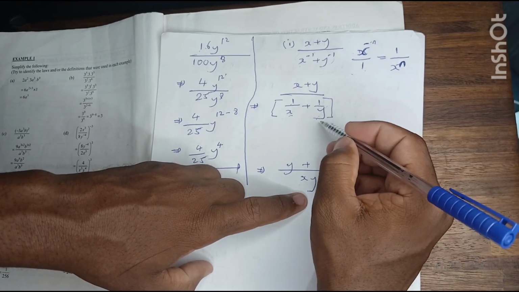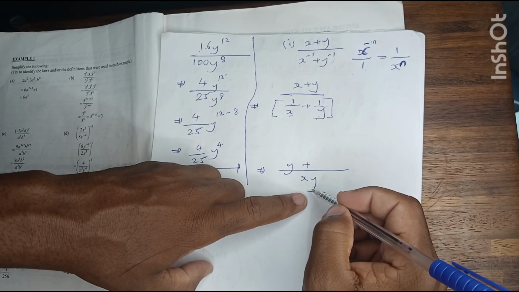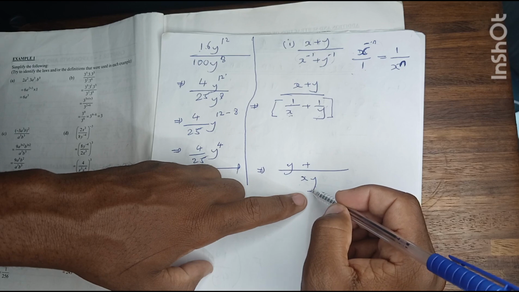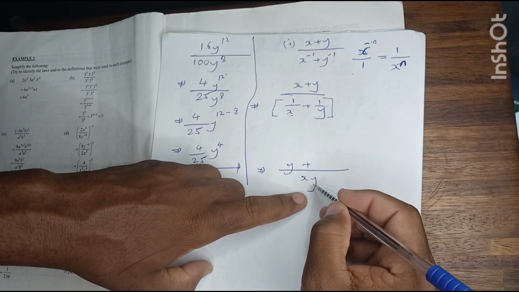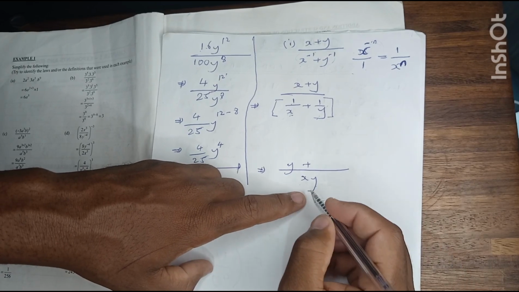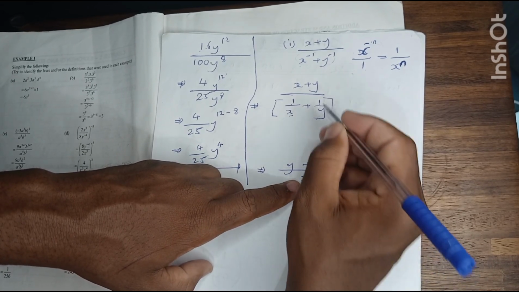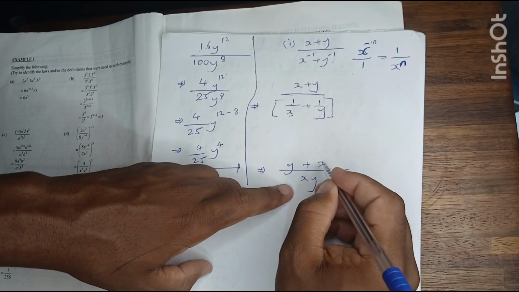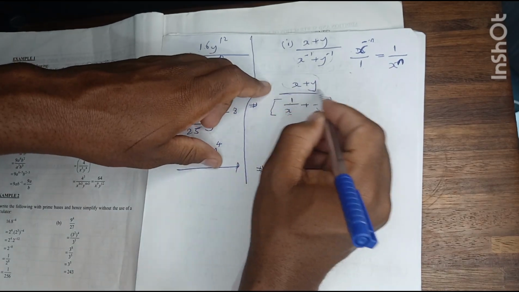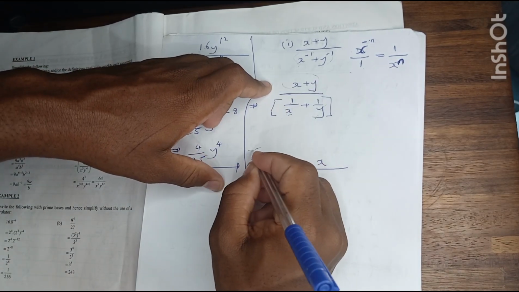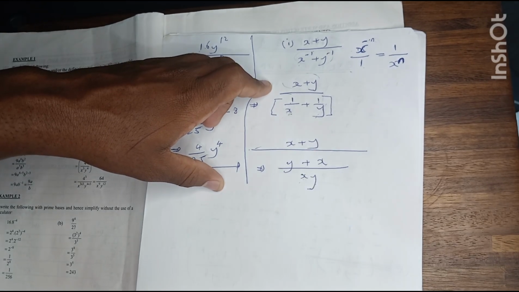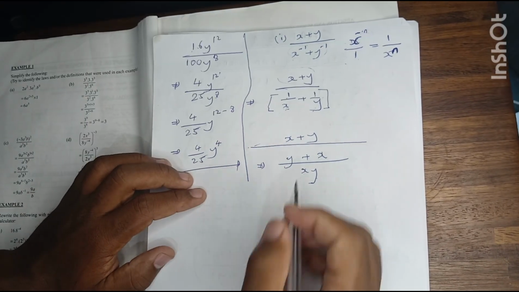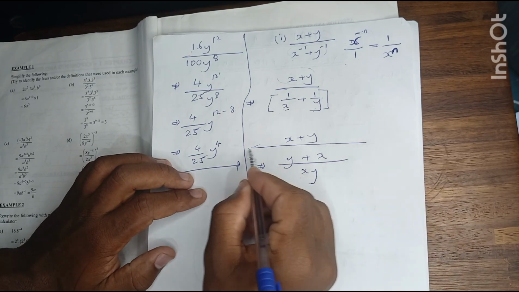Then this y goes how many times into y? It goes once, then you'll be left with x, then x times 1 will be x like this. Remember, we did not solve this one, so it remains as it is. This one is a big division, so it's going to be x plus y. This big line represents a division.